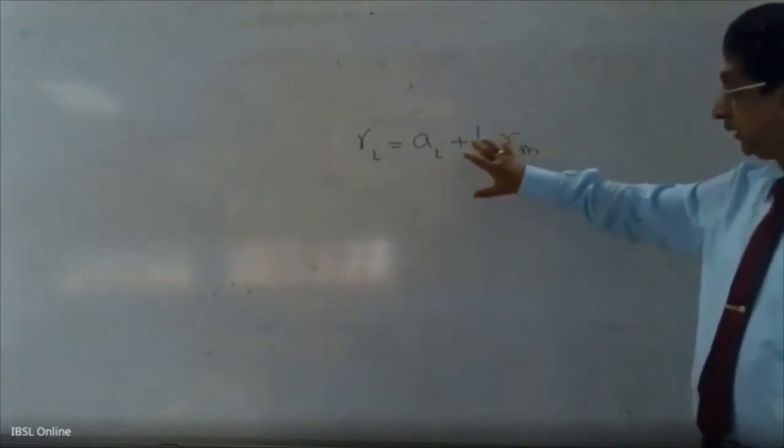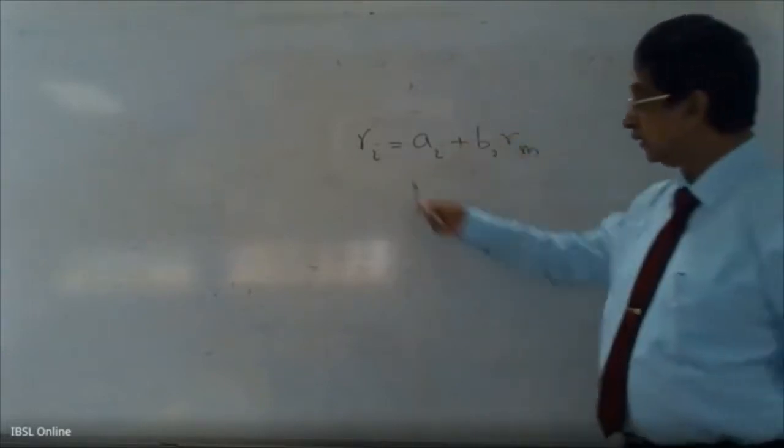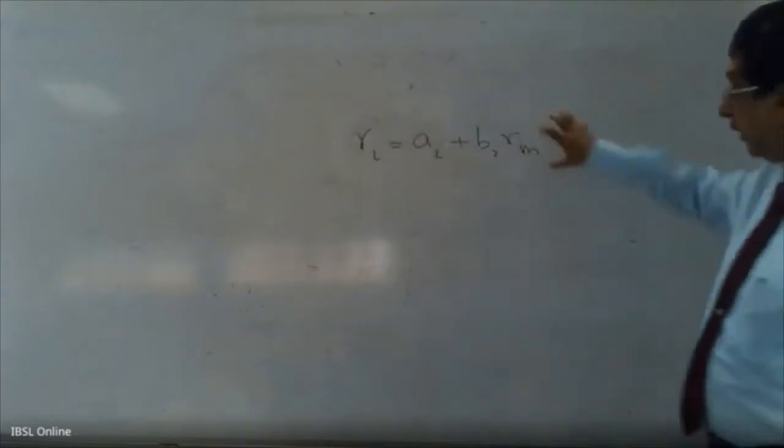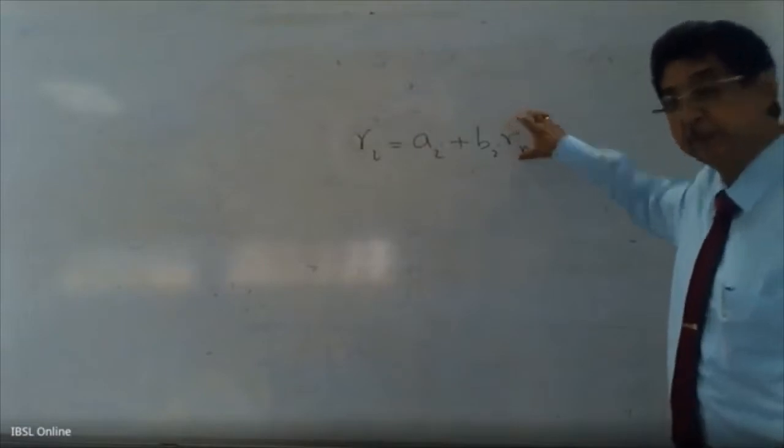Now in this particular equation, these two are regarded as variables. Rm is the independent variable.